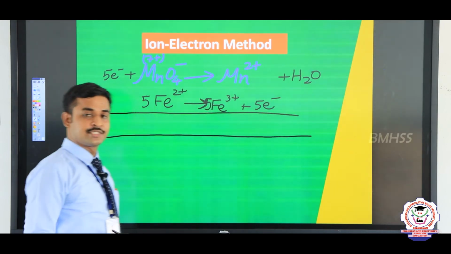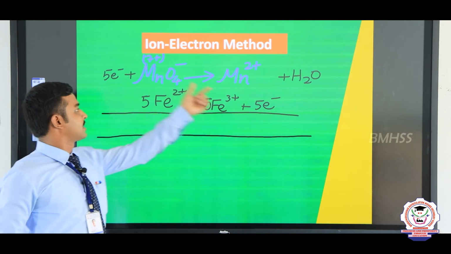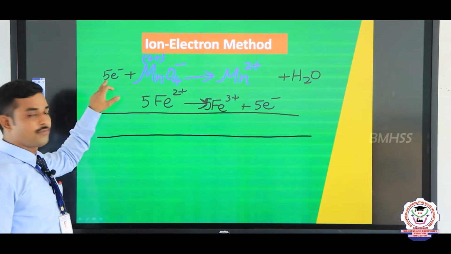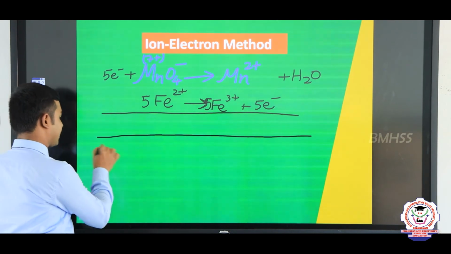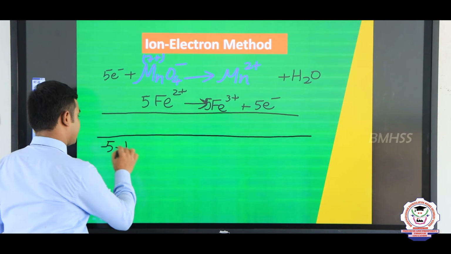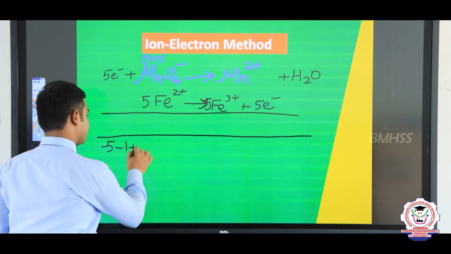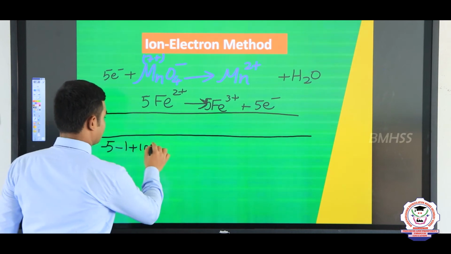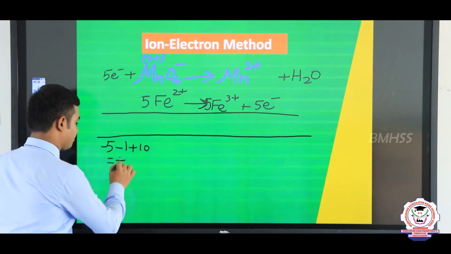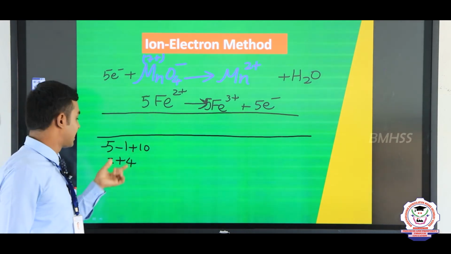You know well, H2O is a neutral molecule. How many plus and minus charges are present here? When calculating this, 5 minus ions are present here, so minus 5, and 1 minus present here, minus 1, and 5 into 2, 10 plus present here, so plus 10: 10 minus 6 plus 4. So, adding the plus and minus charges on the left side, we get plus 4.